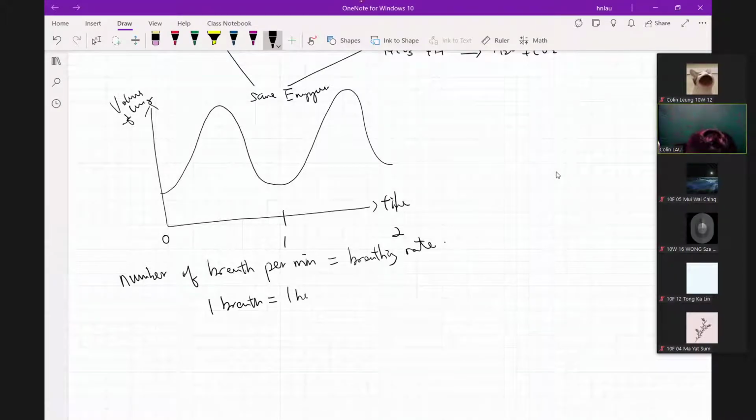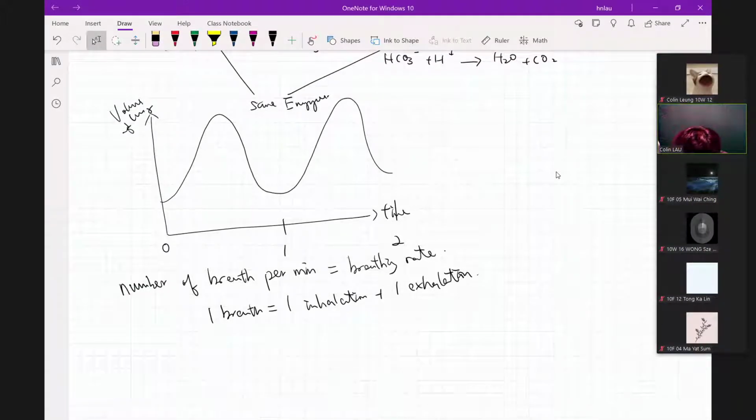1 breath equals 1 inhalation plus 1 exhalation. So now the lungs volume increases, that means this is inhalation. And in this part, the lungs volume decreases.